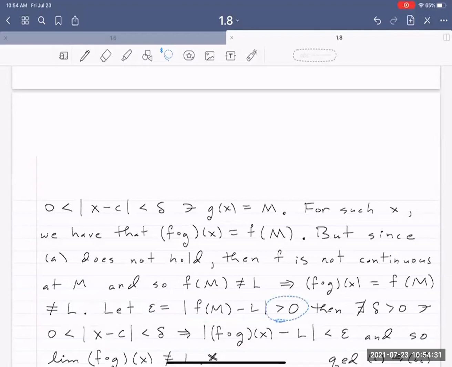Well, this is greater than 0. All absolute values are greater than or equal to 0, and it's not equal to 0 because we're assuming that these are not the same.